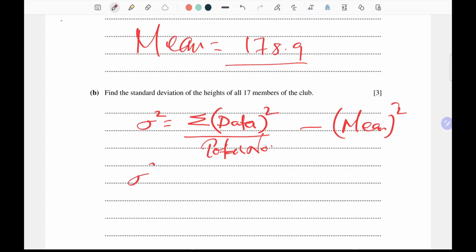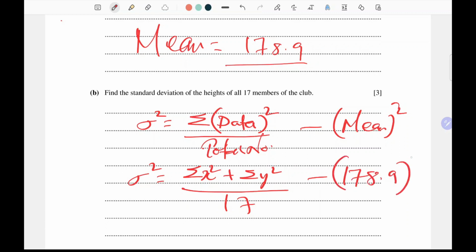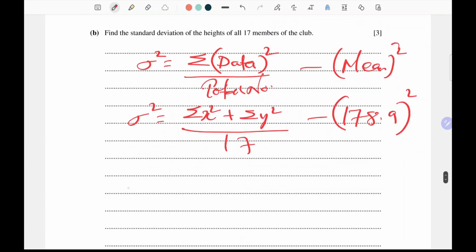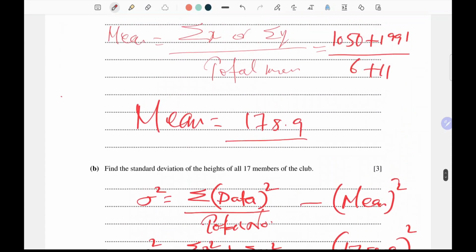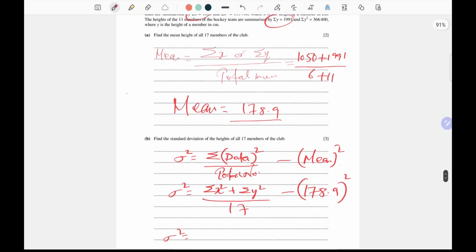This is the actual formula. Now we have two kinds of data, x as well as y, so no problem. This is sigma x square plus sigma y square over the total number, that's 17, minus the mean we already found, 178.9, whole square. I think it looks difficult, but actually it is not.